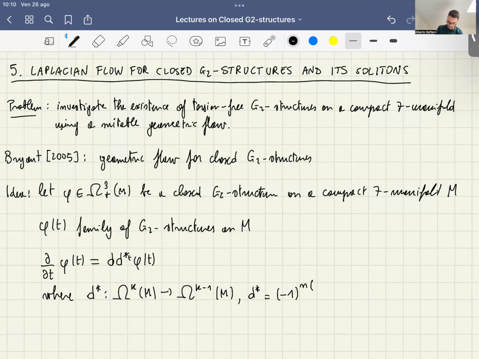So we have the dimension of the manifold times the degree of the form plus 1, and again plus 1, times the Hodge dual, the differential, and again the Hodge dual.